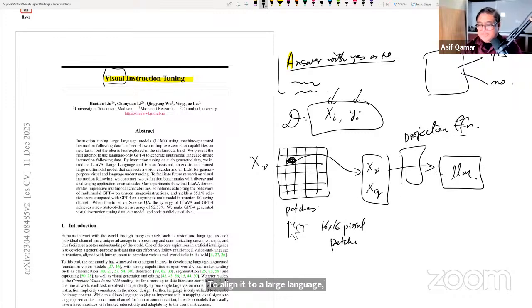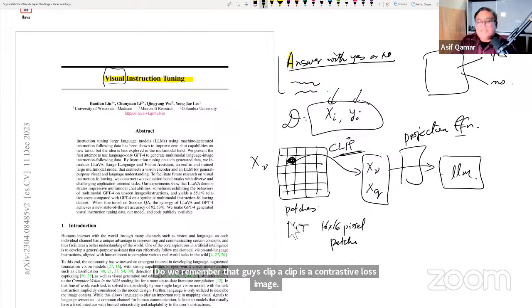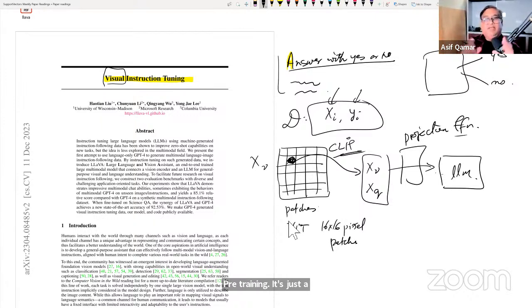Now, how do I do this? For example, CLIP does a very good job. Remember, what does CLIP do? CLIP produces an embedding of a picture. Do we remember that, guys? CLIP is contrastive language-image pre-training. It's just a model that, given an image, will create a semantic vector out of it. Very much used for multimodal search and so forth.